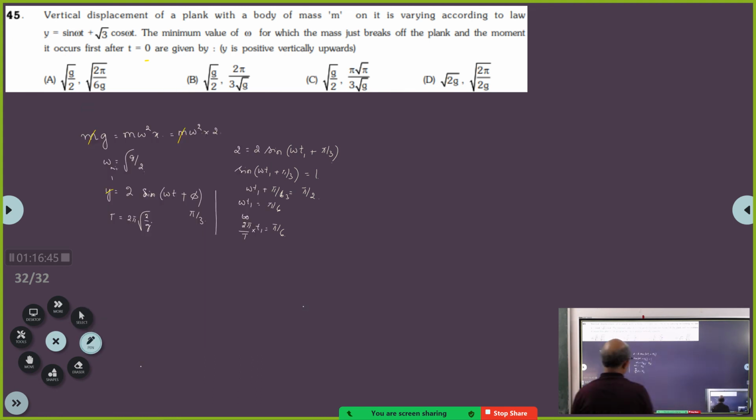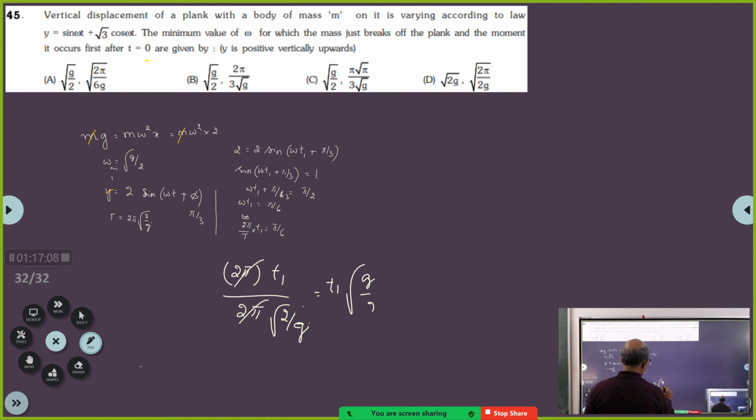So I think we can do this. So we write 2 pi into t1 divided by 2 pi root of 2 by g. Correct? So 2 pi will go. So we get here t1 into root of g by 2, and that is equal to pi by 6.